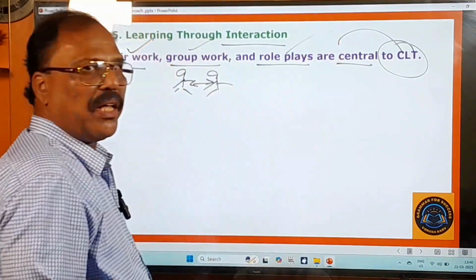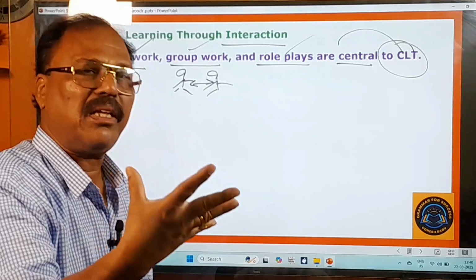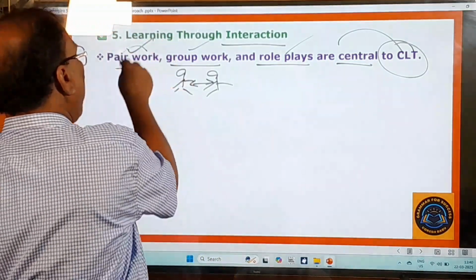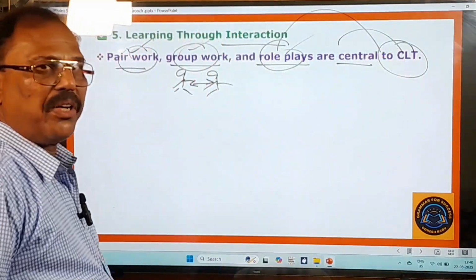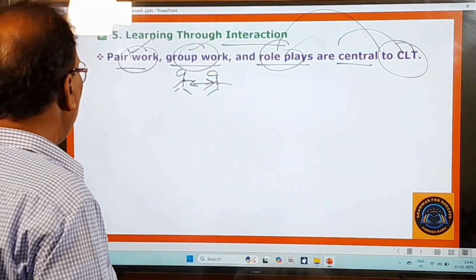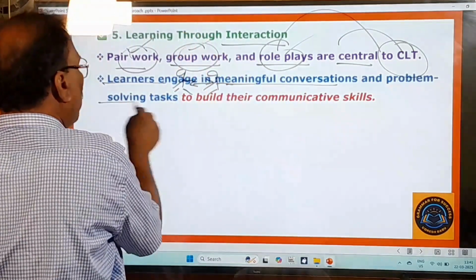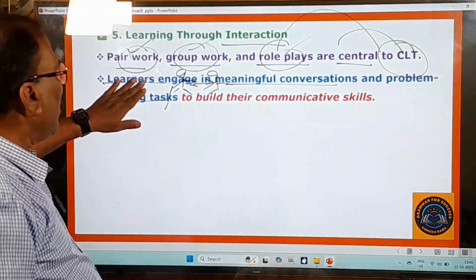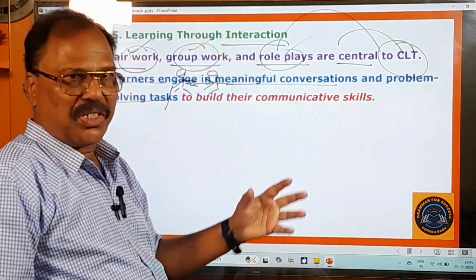Role plays are also there. Through the role plays also, they interact with one another and pick up that language. Therefore, pair work, group work, role plays are very important to this communicative language teaching approach. And here you pay attention. Learners engage in meaningful conversations and problem solving tasks. Okay, and in this CLT, the learners or the students engage themselves in meaningful conversations.